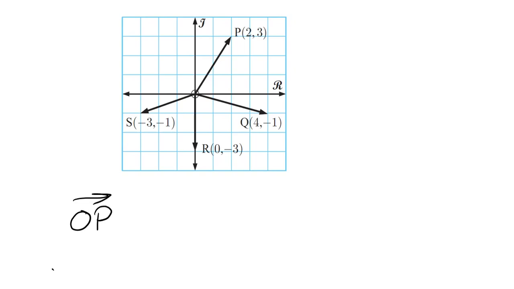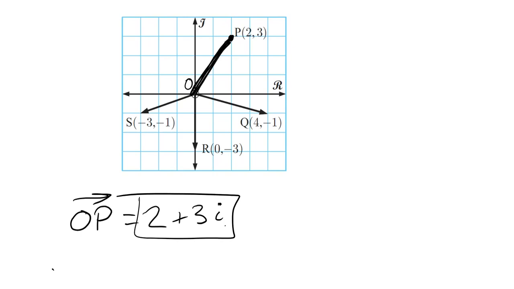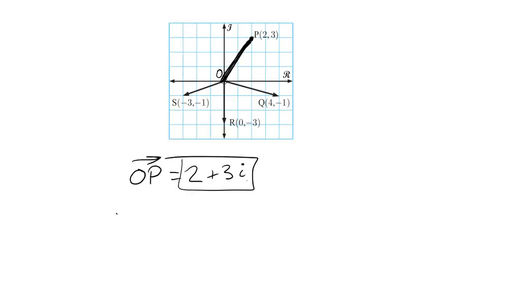P, the point P, look there at 2, 3 on that diagram, we'll just say is like the vector OP, and we denote that with an O and a P and an arrow going from one to the other, because O is that 0, 0 point, and that line, look, is the OP. So OP corresponds to the position vector of P, which can be written as 2 plus 3i, okay, in the Argand plane. So that point P there, or the vector OP, corresponds to a particular complex number, 2 plus 3i.